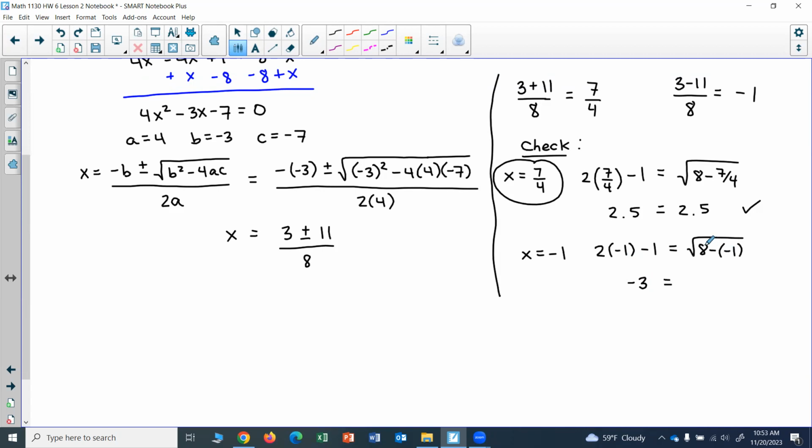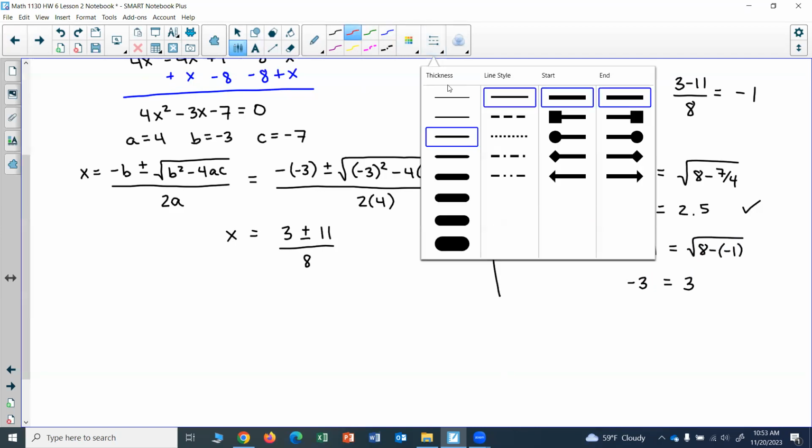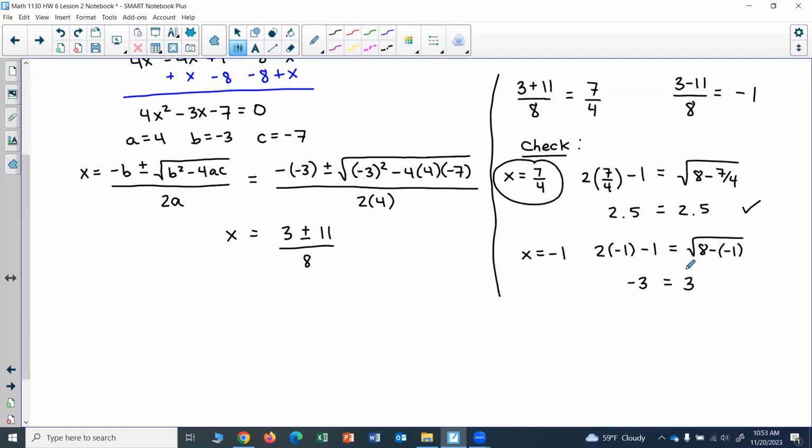And on the right-hand side, 8 minus -1 is +9, so the square root of 9 is +3. Now we can see that that is not equal. -3 is not equal to +3, and so x equals -1 is not a valid solution. I would not list that in my final solutions because it's what we call an extraneous solution.